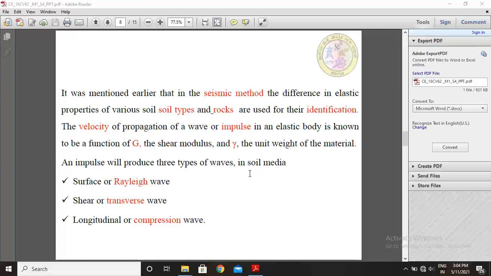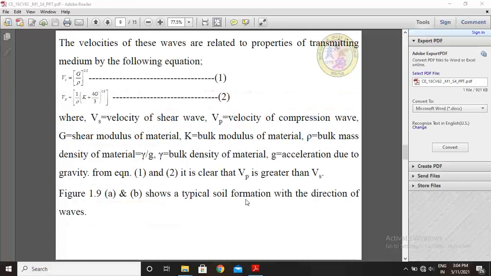An impulse will produce three types of waves in soil medium. One is the surface or Rayleigh wave, second is the shear or transverse wave, third is the longitudinal or compression wave. So these three types of waves are produced in geophysical exploration, that is, the seismic refraction method.